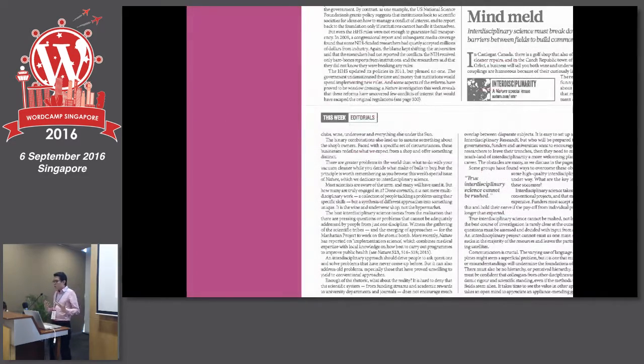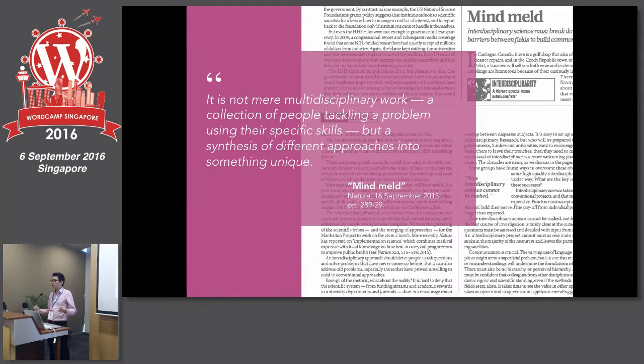When you talk about interdisciplinary projects, it's not just about having a collection of people with various skill sets coming together and working on something. It's really about synthesizing different approaches, moving in a certain direction together, and then creating something really unique.